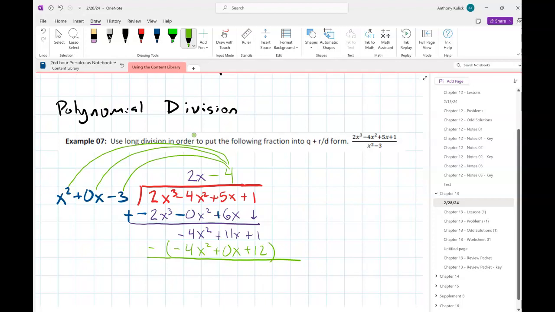And then subtract. But again, Mr. Kulik recommends not actually subtracting. Let's distribute the negative through and then add. So that becomes plus. That one becomes minus. That one becomes minus.